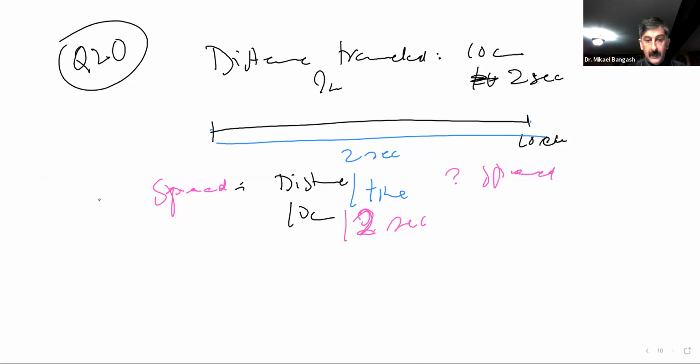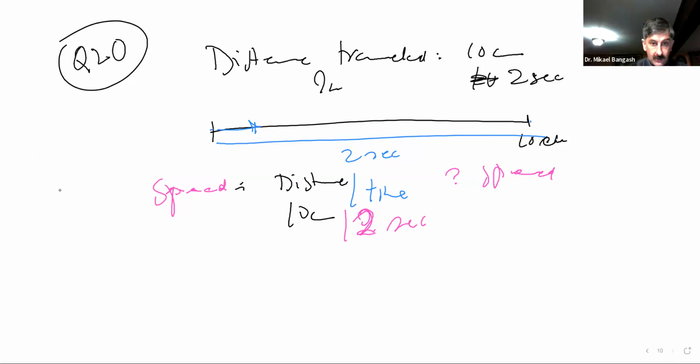So be careful. It's not going to be 2 centimeters. 2 centimeters would just have been this distance here, for instance. Per second, right? Okay. 5 centimeters per second, or 0.2 centimeters per second.